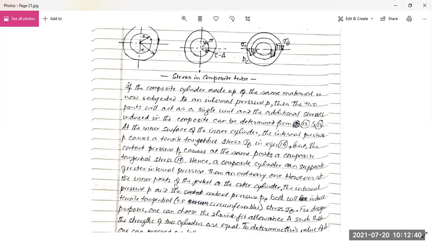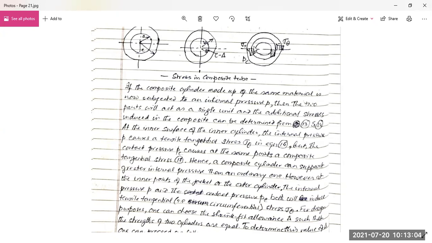However, there exists in the radial direction a radial stress which is compressive in nature. If we consider one cylinder having only an external pressure, then it creates a compressive stress over the surface of the cylinder.